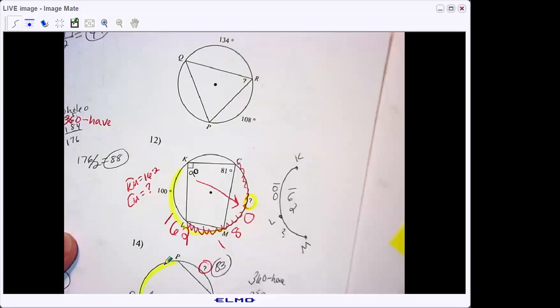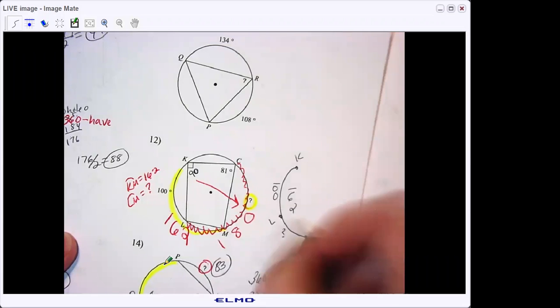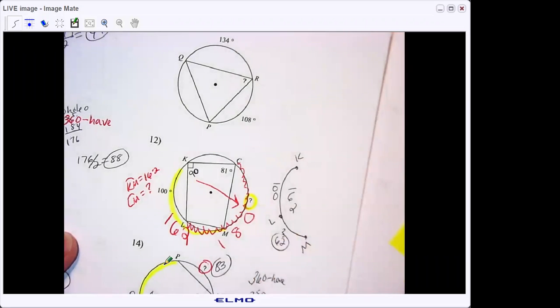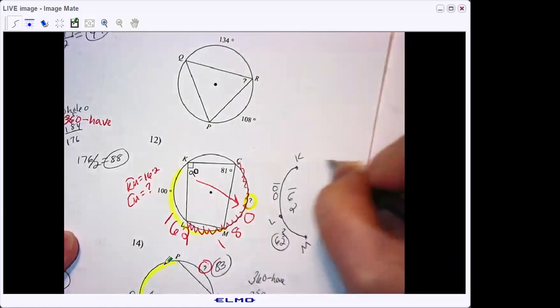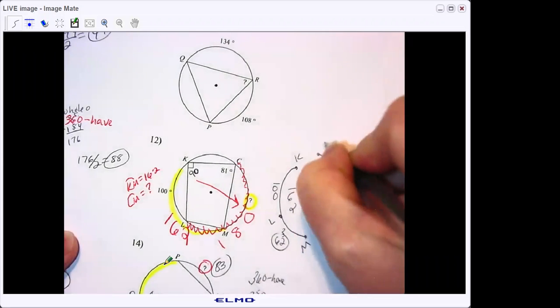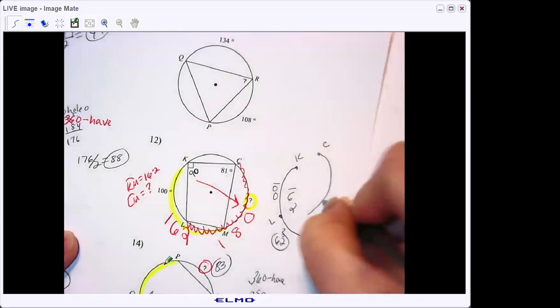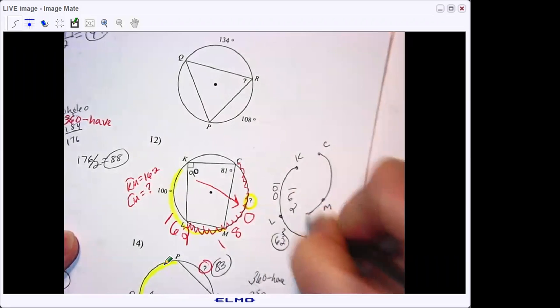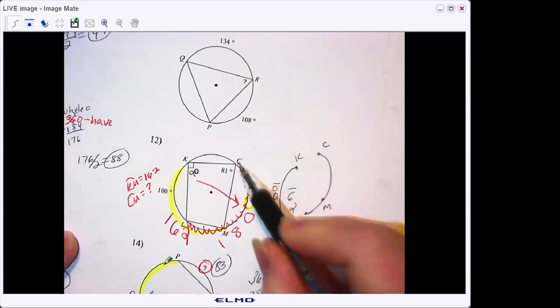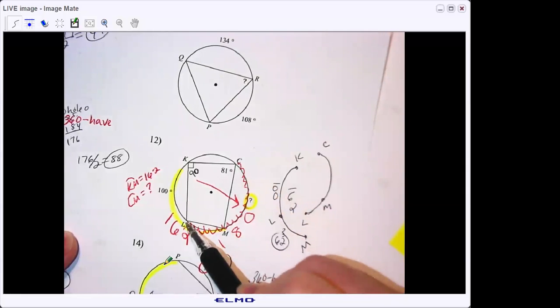Nice. Okay, so most of you caught on that this is 62. That's 62. That's not the answer of our problem, but we're getting there. So now we're going to look over here. This is C, M, and L. C to M to L is 180.